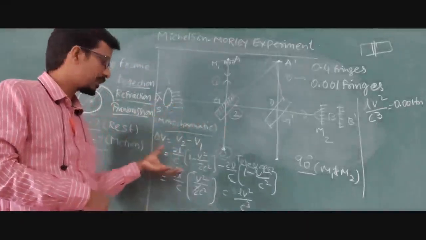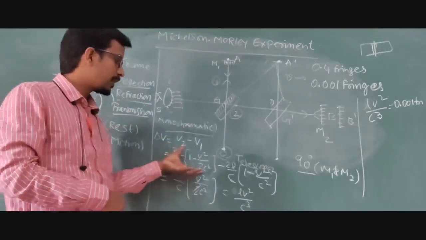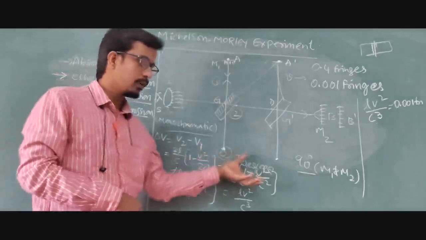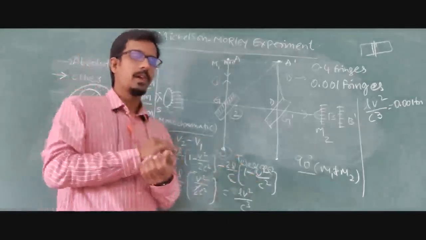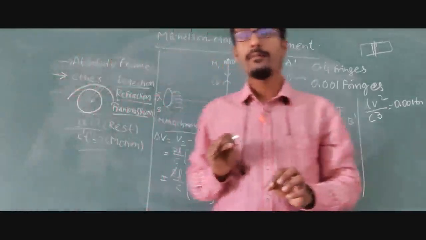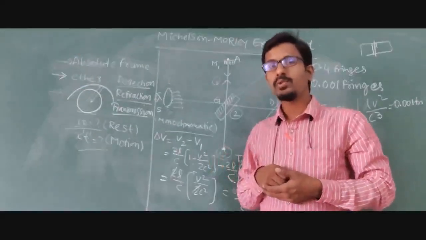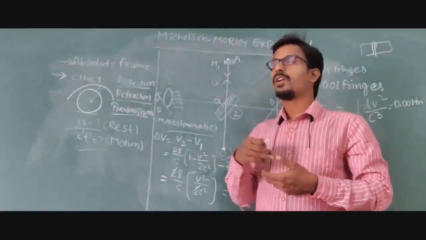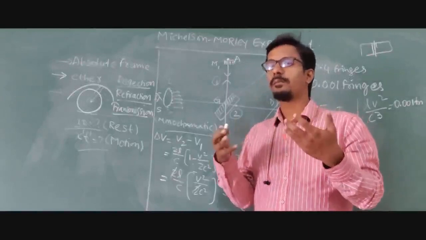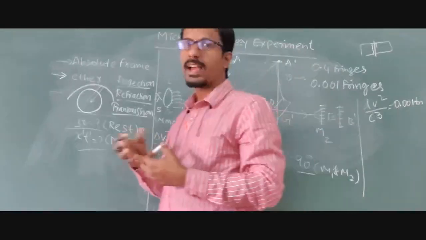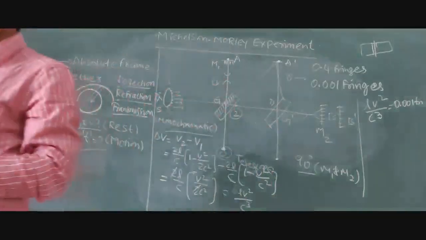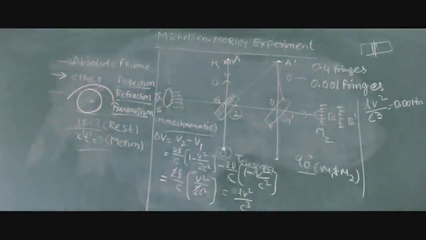Moving, calculating and substituting, we get no changes in the fringes. They are getting the same. No change. So they came to the conclusion that the velocity of light does not depend on anything. It has its own characteristics. Please note down, it does not depend on any frame of reference.